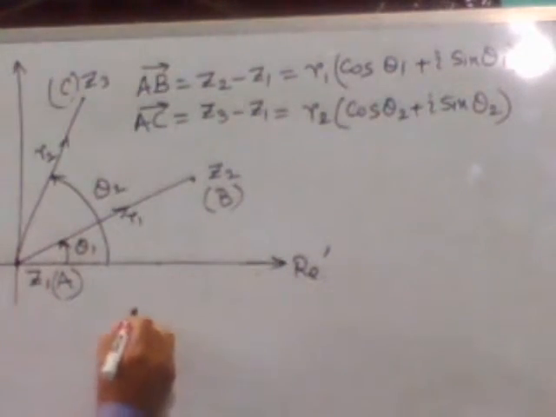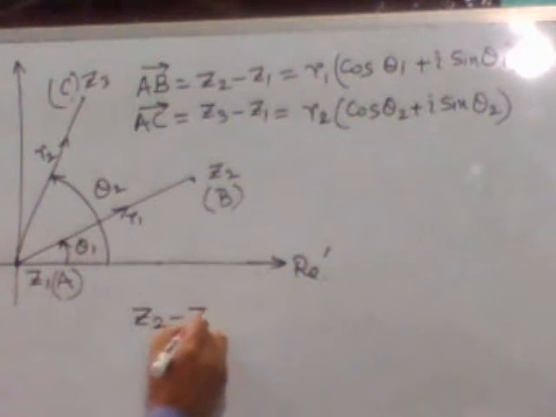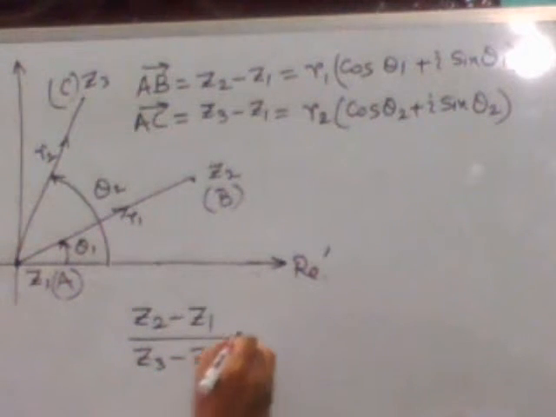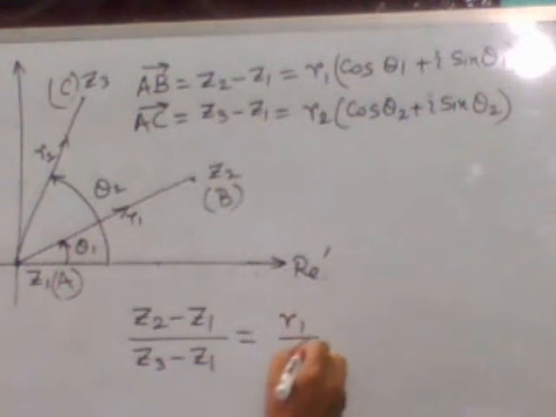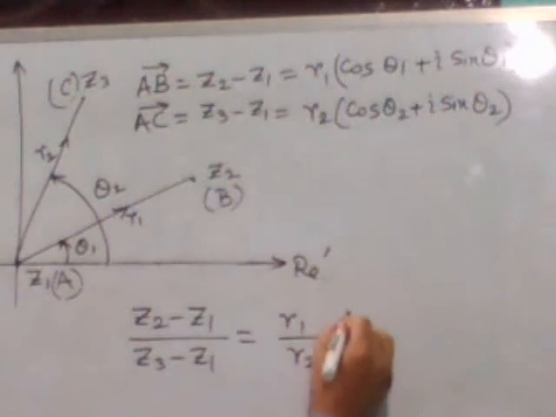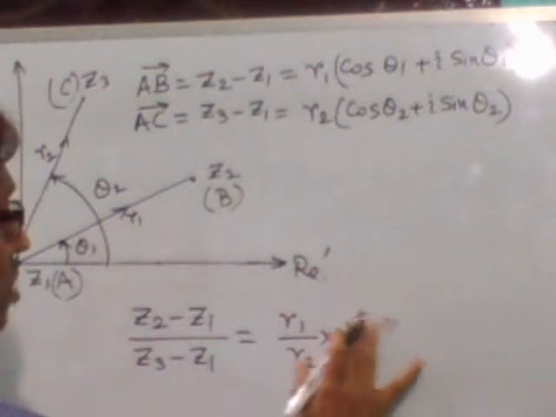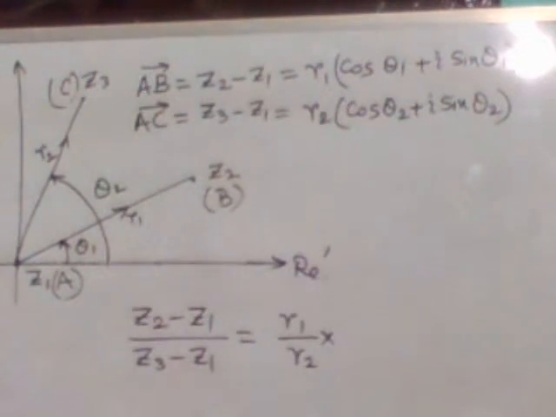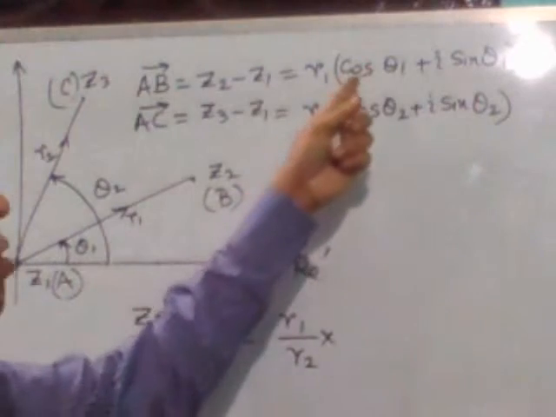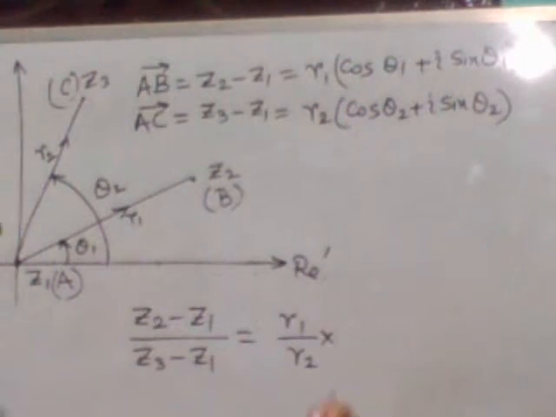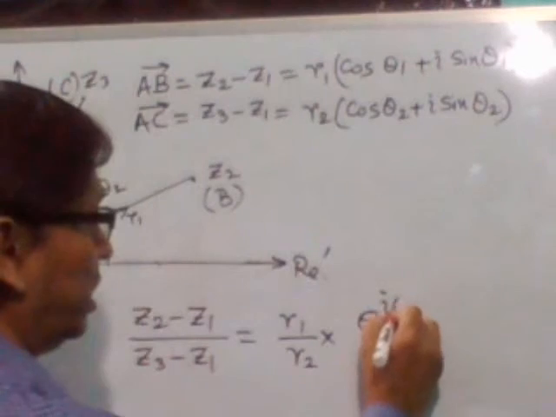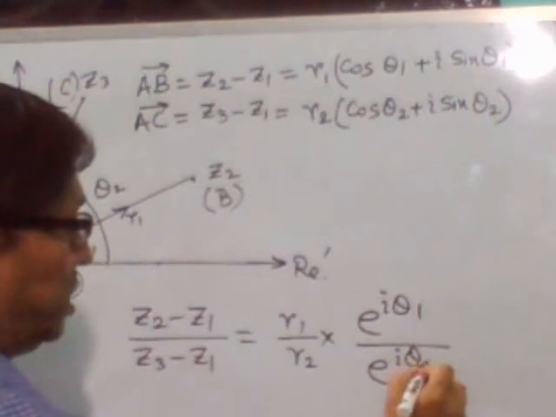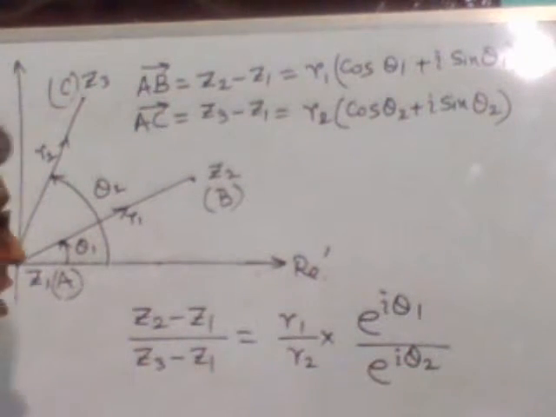Now if we write Z2 minus Z1 by Z3 minus Z1, this will give you R1 by R2 into, see here, cos theta 1 plus I sin theta 1. Now in Euler form, cos theta 1 plus I sin theta 1 can be written as e to the power I theta 1, and this can be written as e to the power I theta 2.